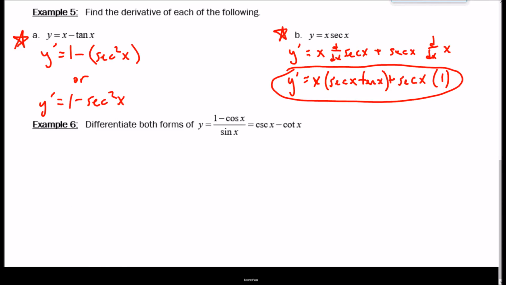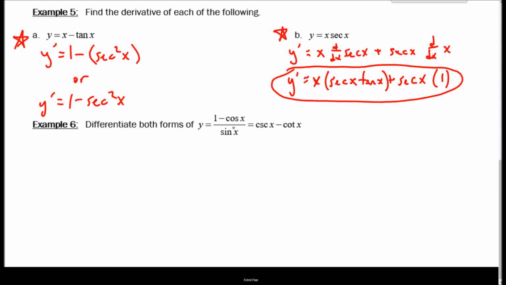All right, let's take a look at example 6, where I have y equals (1 minus cosine x) over sine of x, and y equals cosecant x minus cotangent x.